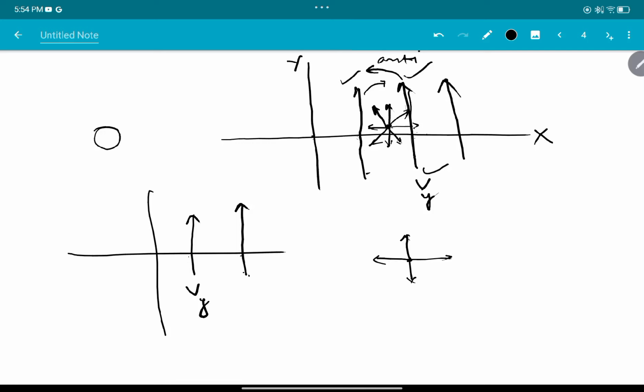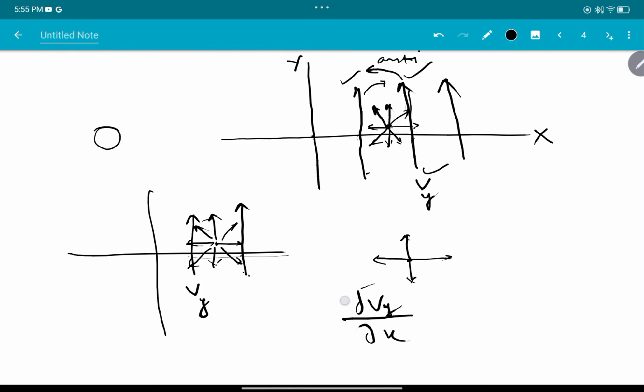That is, vy is changing with x like this. Then place the wheel here again. What will happen? Now there will be a net torque on the wheel that will be counterclockwise, and the wheel will start rotating.